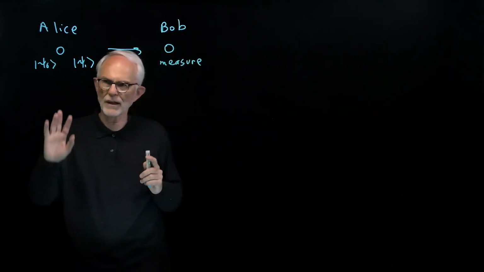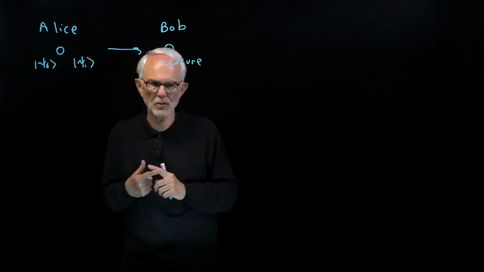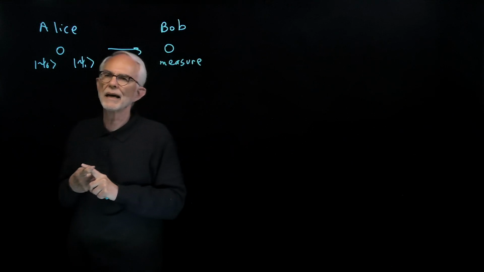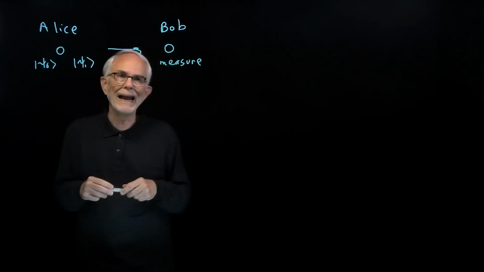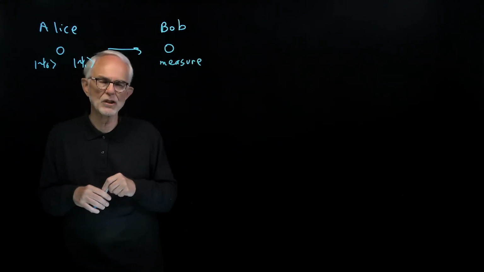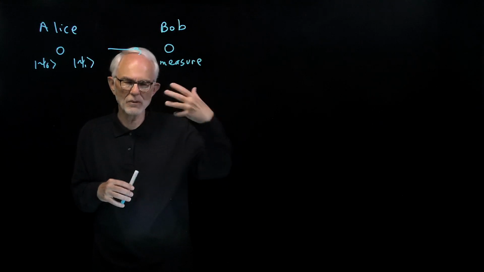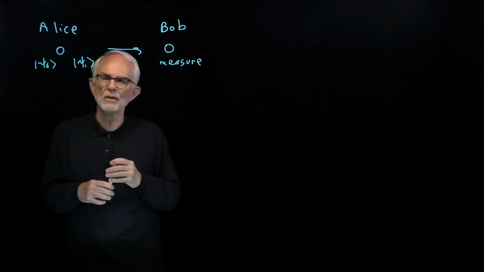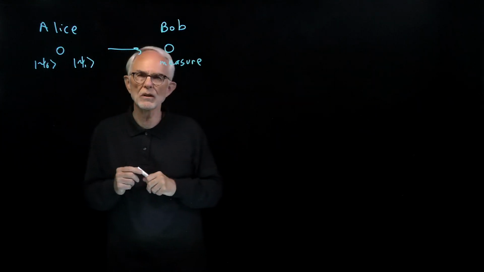So he's going to either have to say psi 0 or psi 1. But because psi 0 and psi 1 are not orthogonal, that means that some of the times he's going to get it wrong. And the minimum error strategy is a strategy for Bob's measurement for which he will make the minimum error. So in other words, he'll be wrong the smallest number of times.